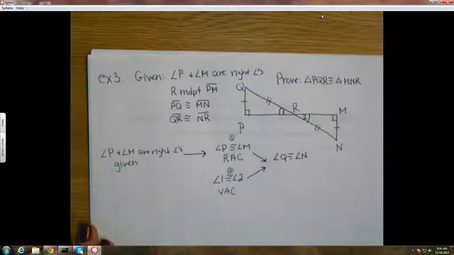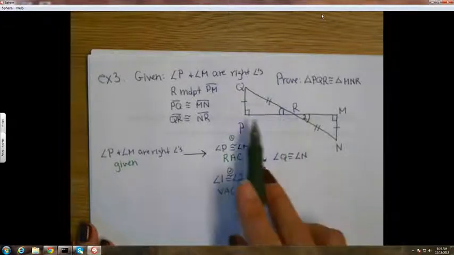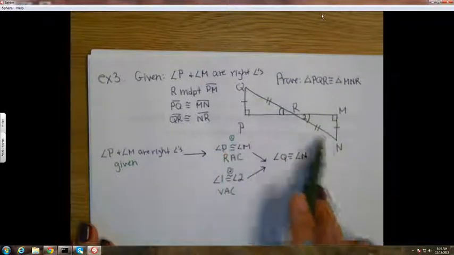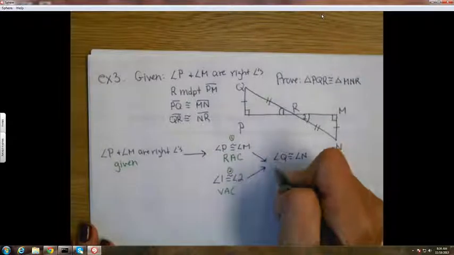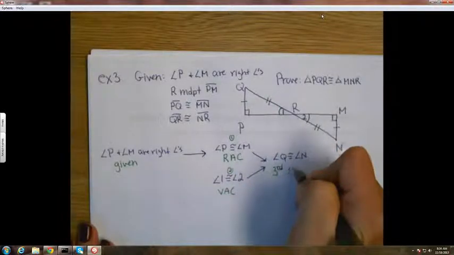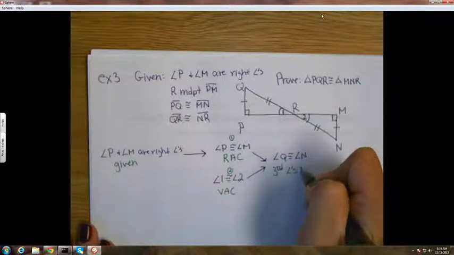I think we just had this on Thursday. Nope, not substitution. If these two angles are congruent and these two angles are congruent, did you agree that the third angles are congruent? It was called the third angle theorem. We're just going to go third angle.